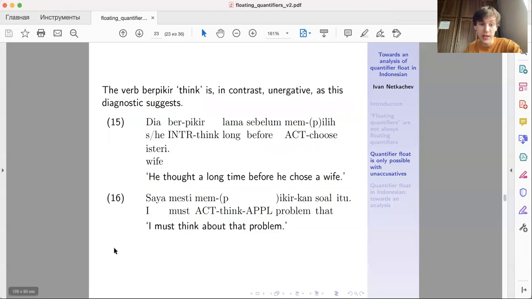In 16, if we try to make a transitive verb from the same verbal stem, the subject is still the thinker, so the grammatical subject. And this shows us that the verb berpikir is unergative and not unaccusative.